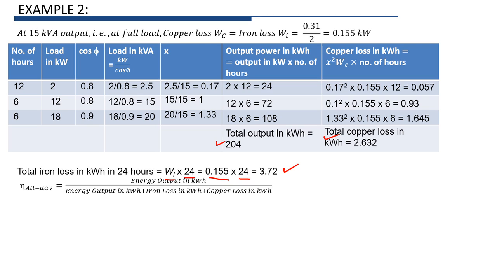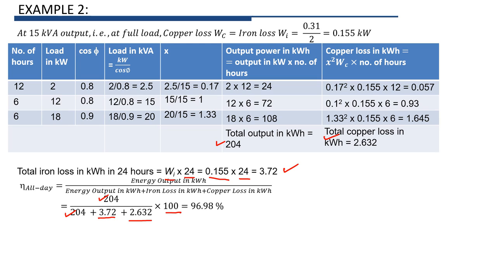Using this, we can calculate the all day efficiency. So all day efficiency is total output, that is 204, divided by total output plus iron loss, that is 3.72, plus copper loss, that is 2.632, multiplied by 100.